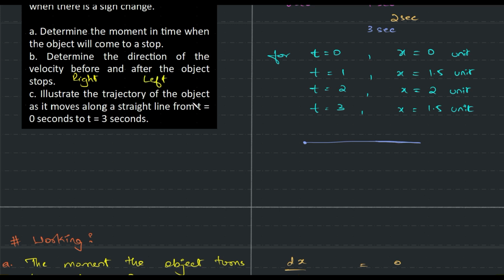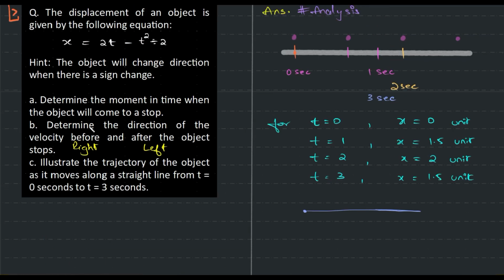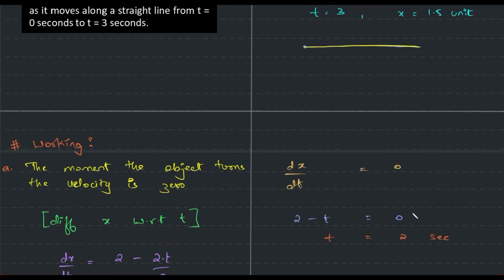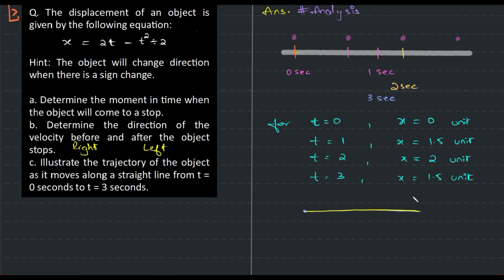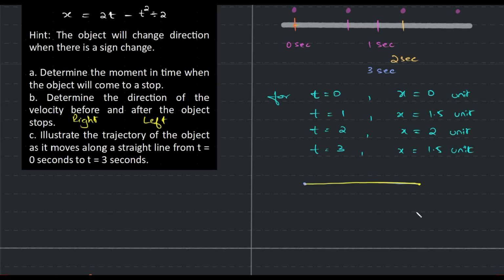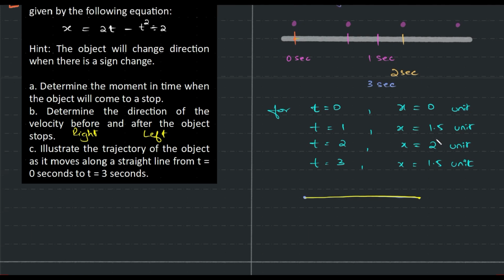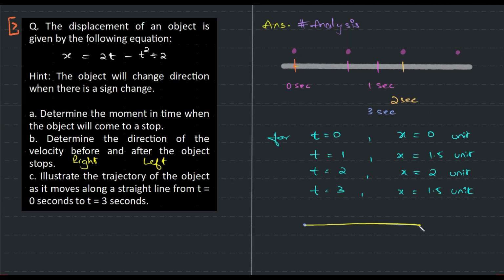Illustrate a trajectory of the object as it moves along a straight line. Okay, that we have done already. Yeah, actually we have done. So if you guys want to, we can just do this, and the point of time where it turns is at 2 seconds itself. Wait, what? At 2 we got, okay. Perfect.